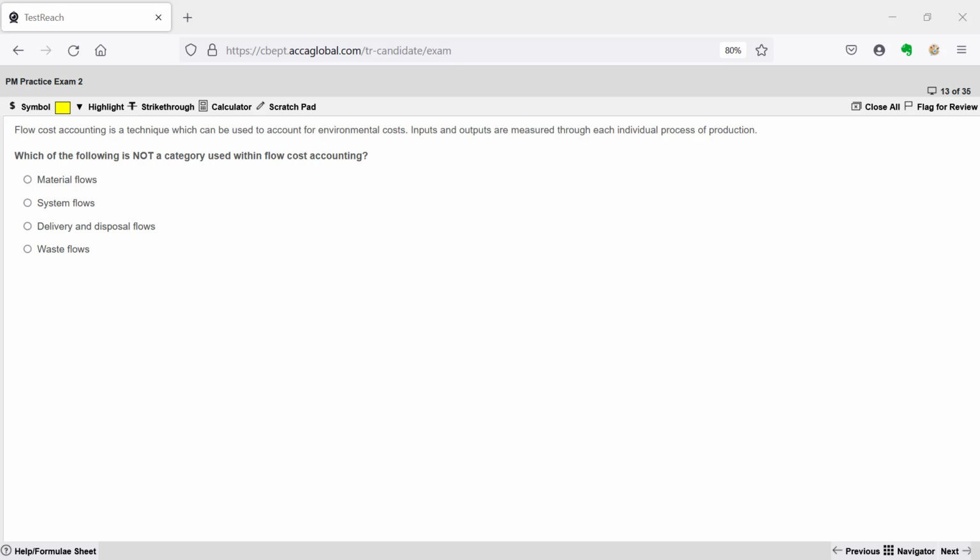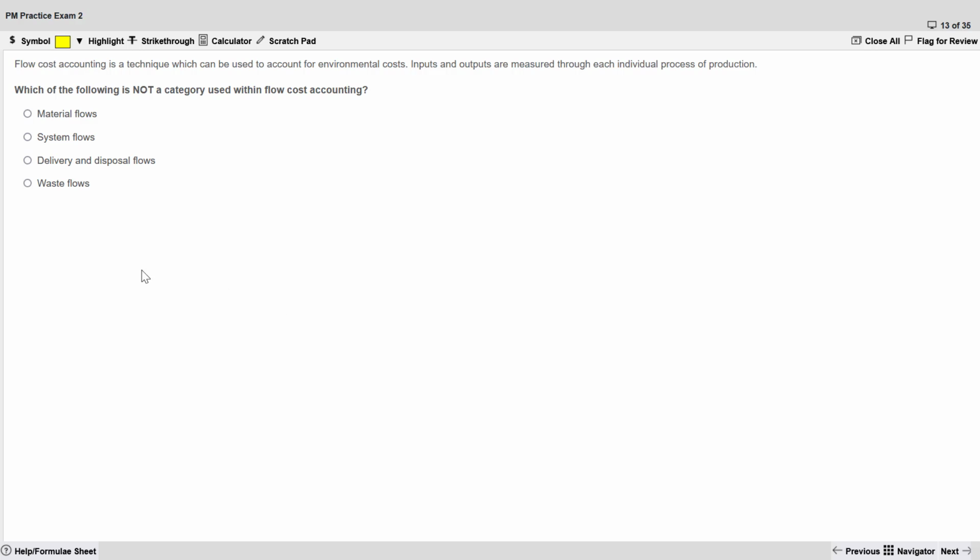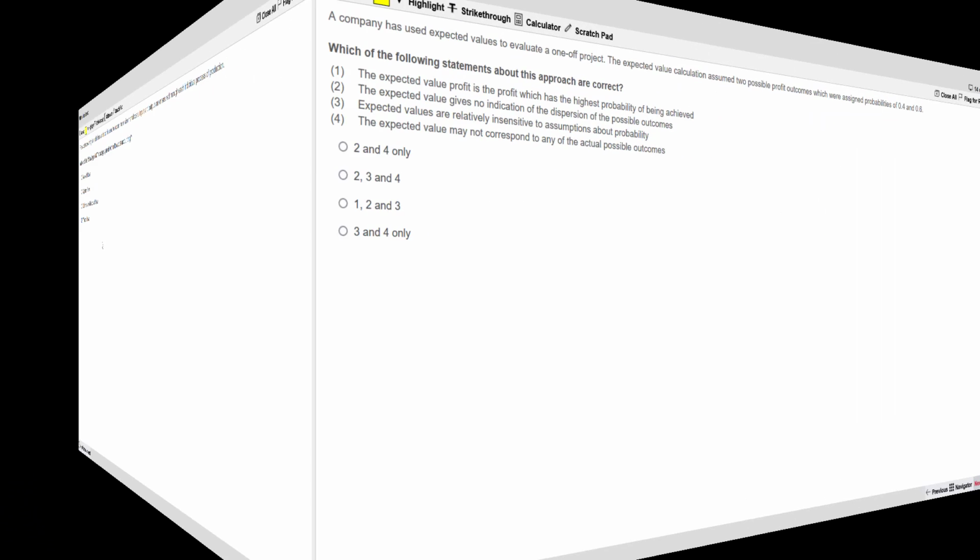That by itself doesn't make the difference between a fail and a pass. One difficult objective test question. Guys, waste flows does not belong there simply because it's not in the definition of flow cost accounting.